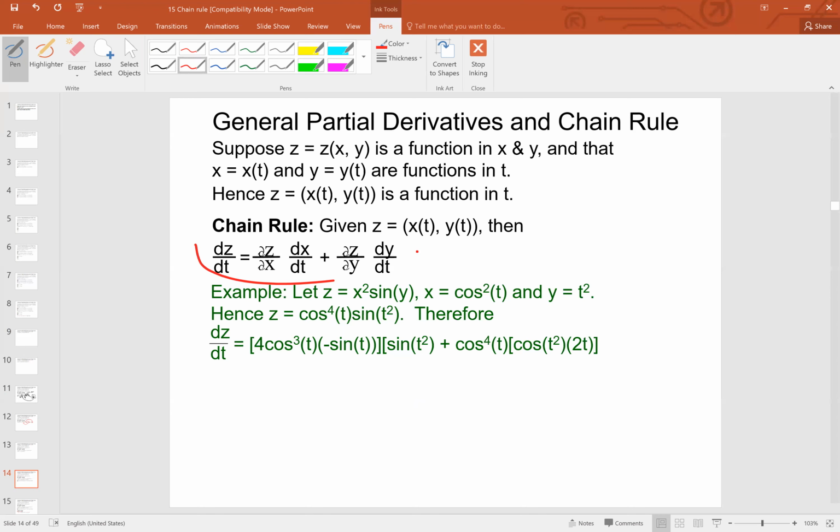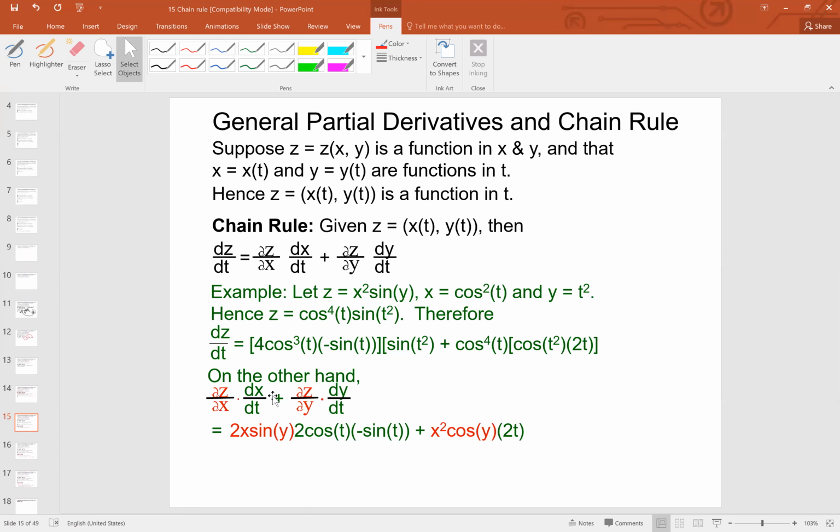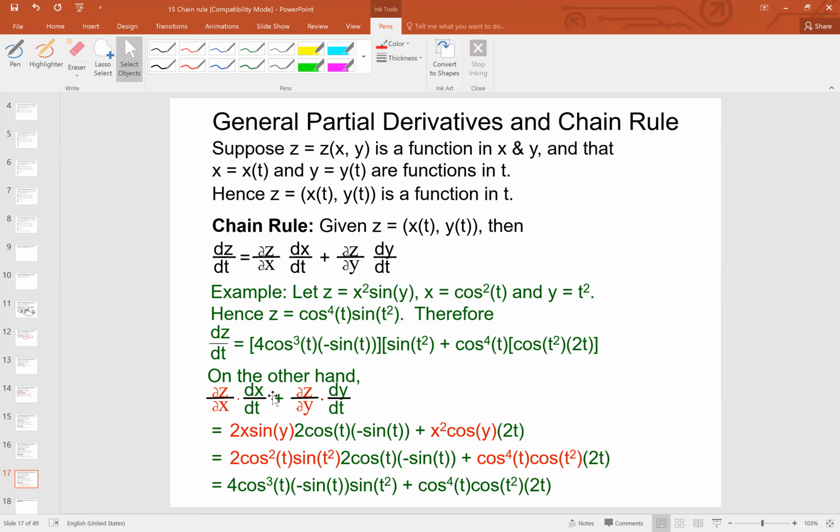Or I can do it this way, which is taking dz dt in the formula fashion, and then you find you compute the same thing. So this is just a demonstration of the chain rule with one variable, from x, y to t, and taking the derivative of z directly with t.